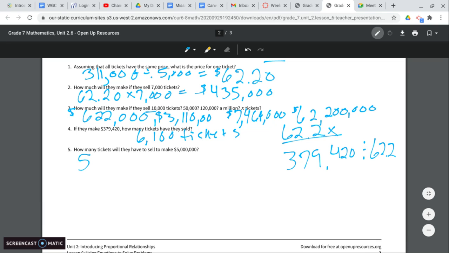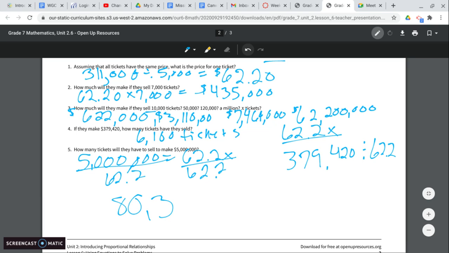Same idea. 5 million equals the 62.2x, divide by 62.2. And when we take 5 million, divide it by 62.2, we end up with 80,386.